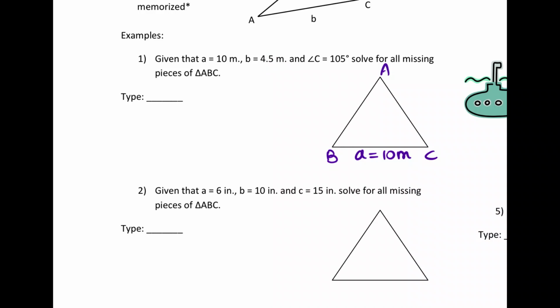And side length B is opposite angle B, so they are talking about this side length here. So B equals 4.5 meters. Now the third information given to us is that angle C equals 105 degrees. And angle C is right here, so that is 105 degrees.